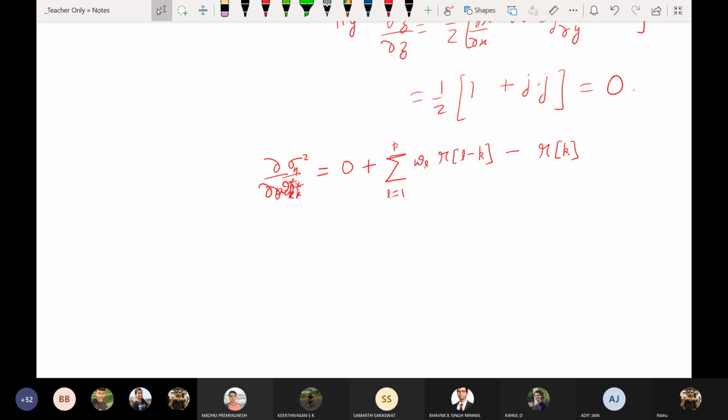And from the little mathematics I know, del sigma eta square by del wk conjugate should be 0 for all k.